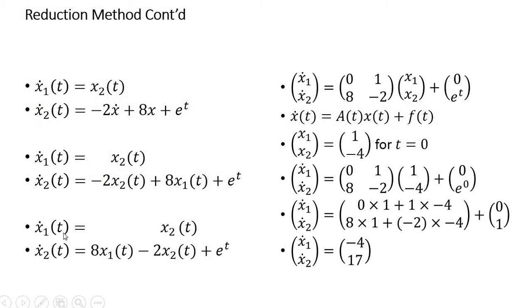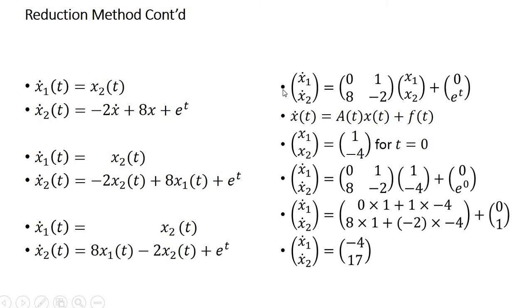Rearranging this, because we want to write it in terms of matrices, there is no component in terms of x1 in the first equation, so that part will be 0, and there is also no component in terms of e to the t. The only component in the first equation is the one corresponding to x2.